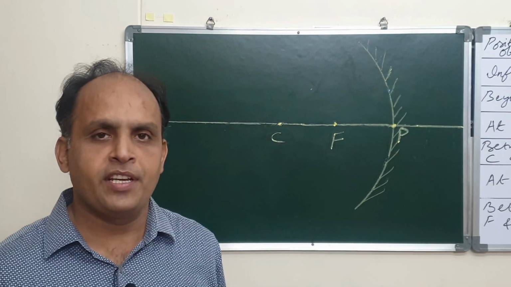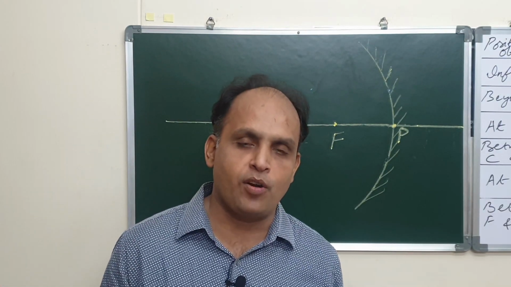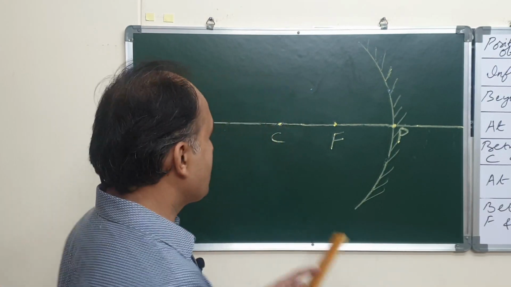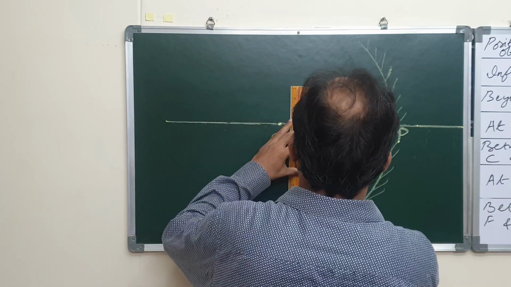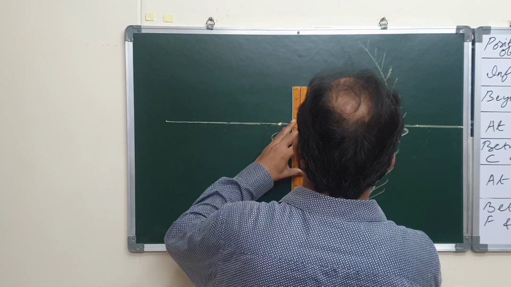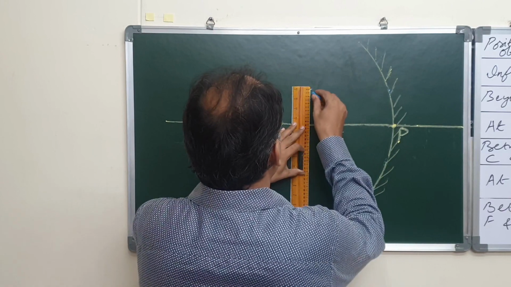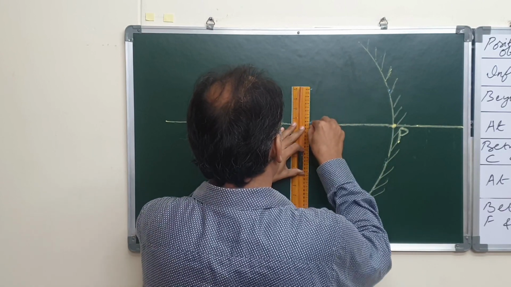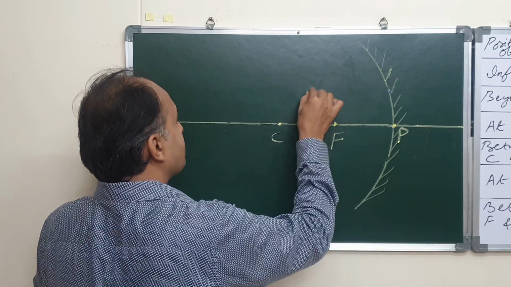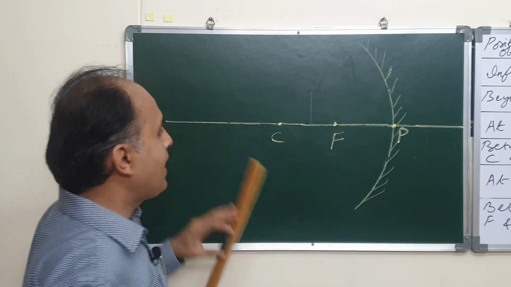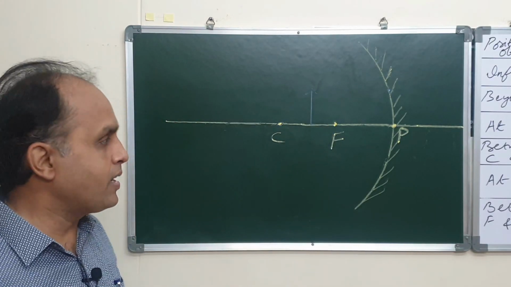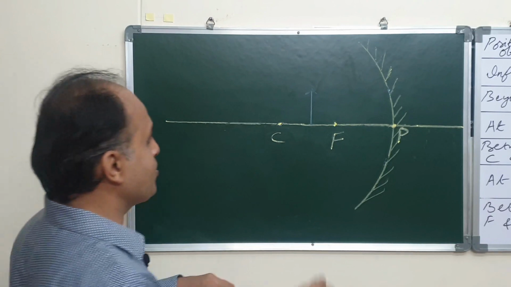Right. The next position is the object is placed between center of curvature and focus. So we will be placing the object somewhere over here between center of curvature and focus. And we will draw rays from the object, one ray as usual parallel to the principal axis.